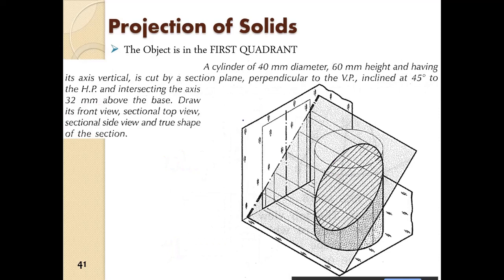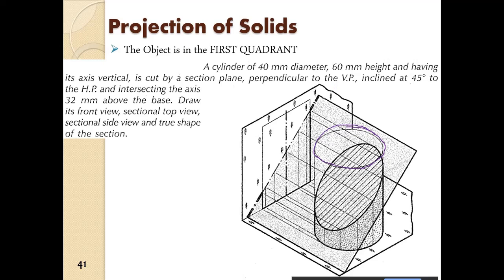So then we have a cylinder, 40 mm diameter, 60 mm height. All right, so it is 40 mm diameter and 60 mm height, and having its axis vertical and is cut by a section plane perpendicular to the VP.